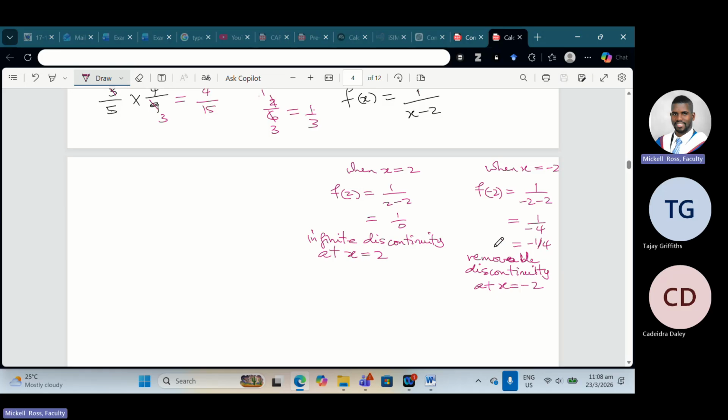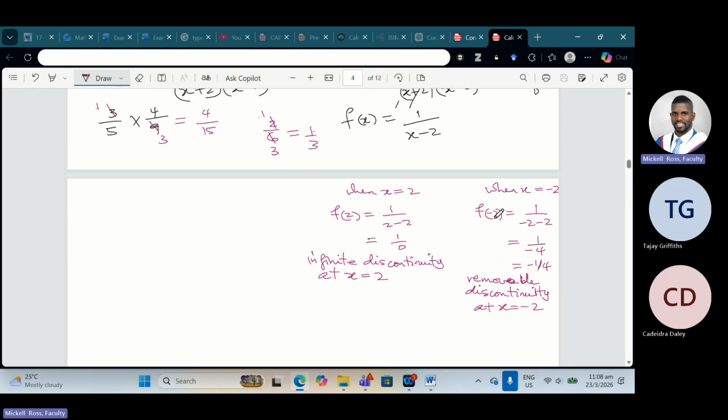So that's why this one is known as a removable discontinuity. All right, because when it was once undefined, it is now defined.